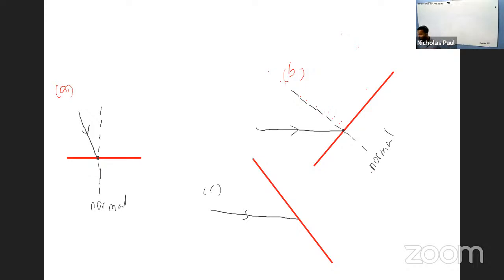Ready? Right, so at that point, 90 degrees to that point. At the point, just measure 90 degrees and draw a broken line.